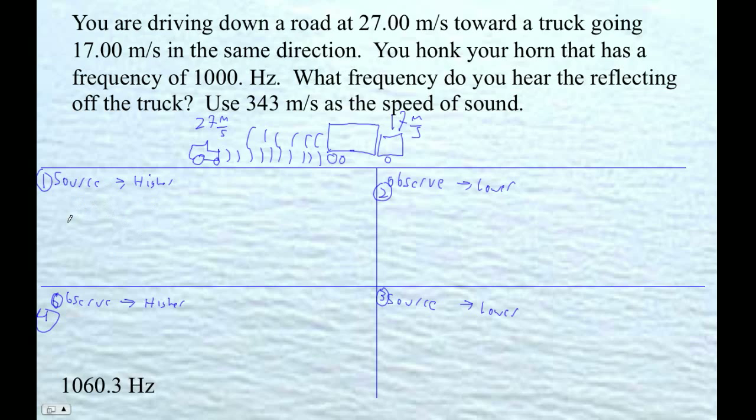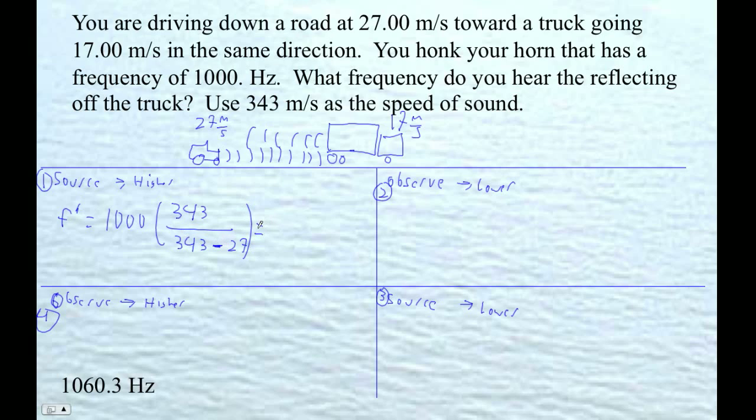So the shifted frequency is 1,000 times, let's see, this one has got the thing in the denominator, doesn't it? Okay, so 343 over 343, and then it's to a higher frequency, so it's minus the 27.